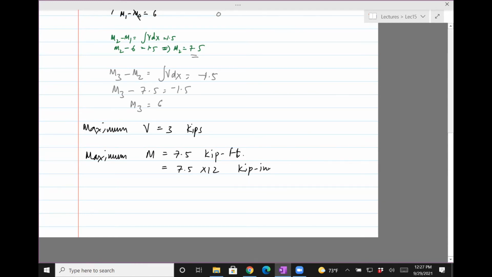And I'm only doing that because the dimensions were in inches. So it was 3.5 inch, right? Remember?